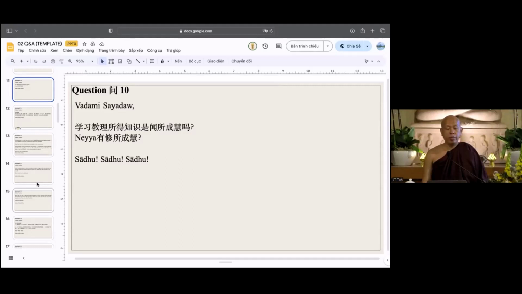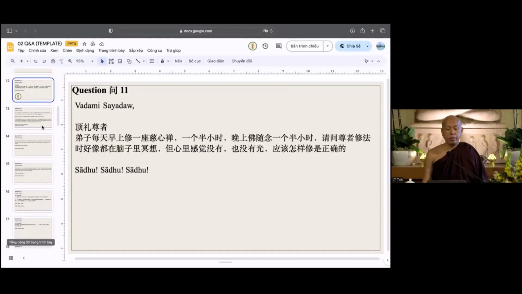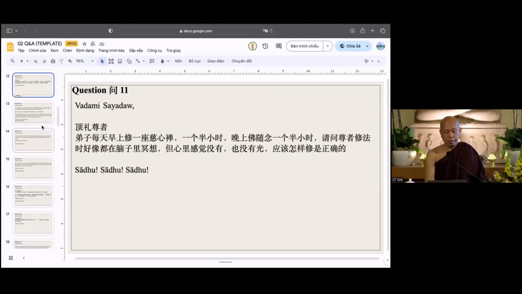Sayadaw, every morning she spends 1.5 hours practicing Metta Bhavana.